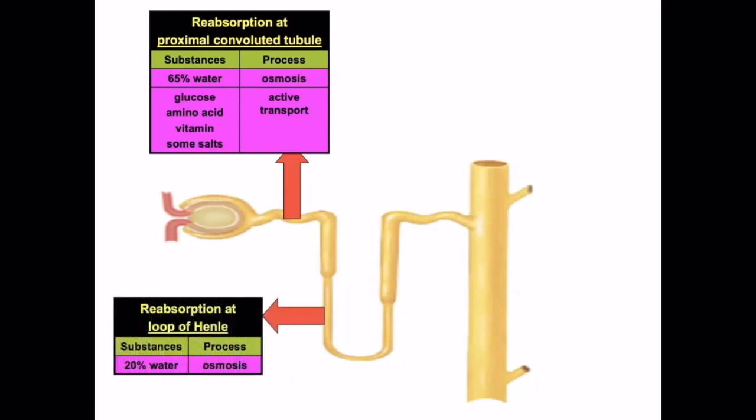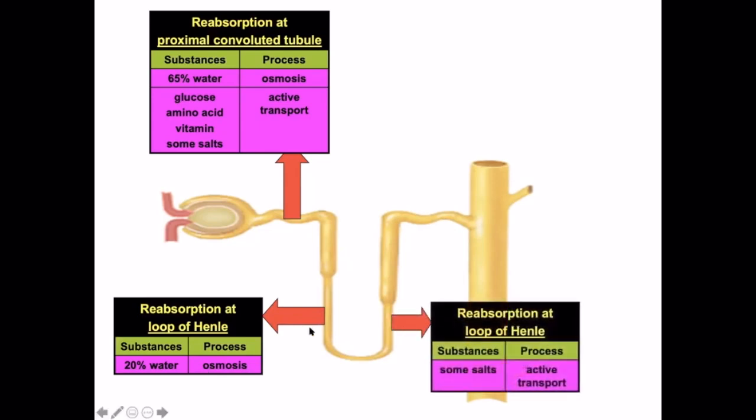The next one, as I said, the same process will occur in the loop of Henle. But here, in the loop of Henle, only 20% of water will be reabsorbed, and this is done by osmosis. And then on the other side of the loop of Henle, some salt will be reabsorbed, and that process is known as active transport.